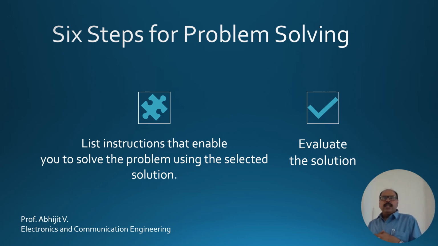We are going to break it down into pieces or modules and list down all possible steps that we need to take so that the selected solution really works out. So this is the fifth step in problem solving.